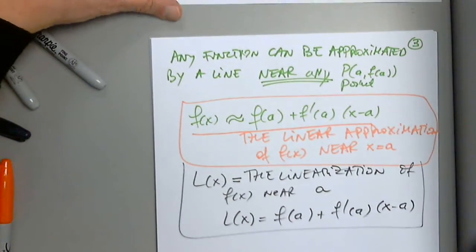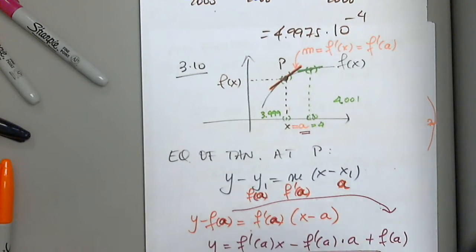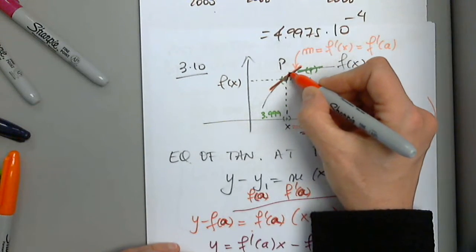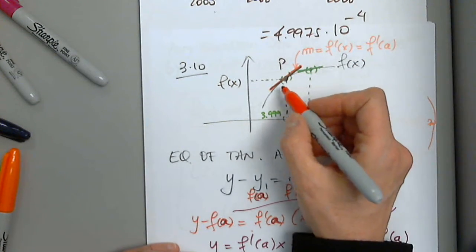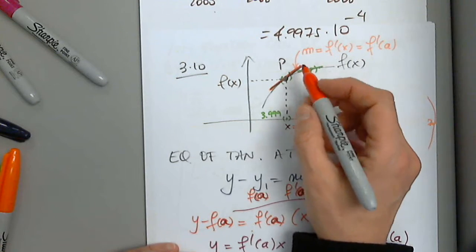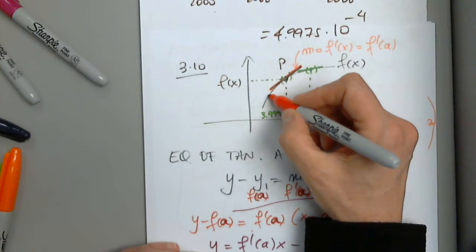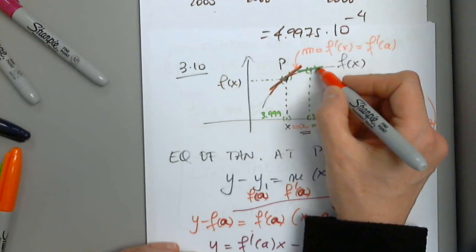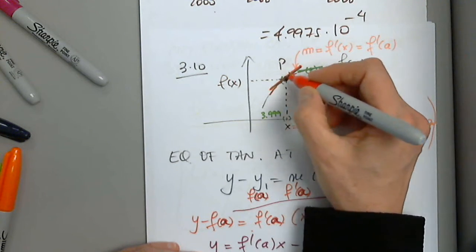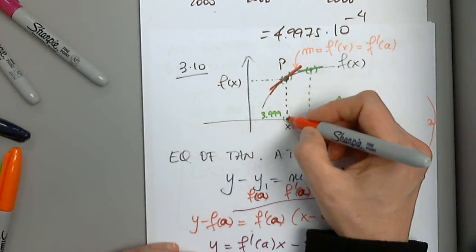So let's go back here one more time. This is the tangent line at P. The equation of this line or the function are extremely close in value near any particular point.